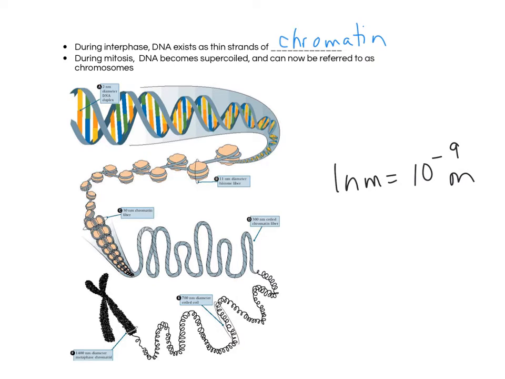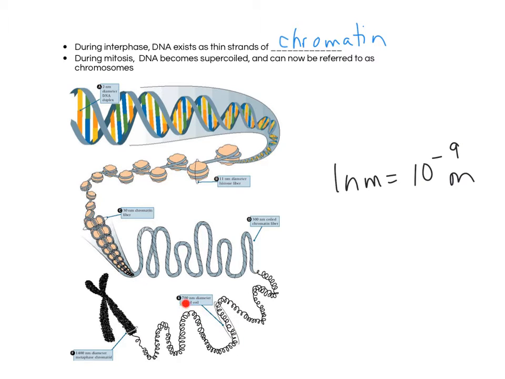Moving on, we look at our histone fiber, and it's going to be 11 nanometers. So already we're wrapping things up here. Then we get to what's called a nucleosome. When our chromatin begins to coil, we're looking at 30 nanometers. Moving it down to a 300 nanometer coiled chromatin fiber, it begins to coil again here.